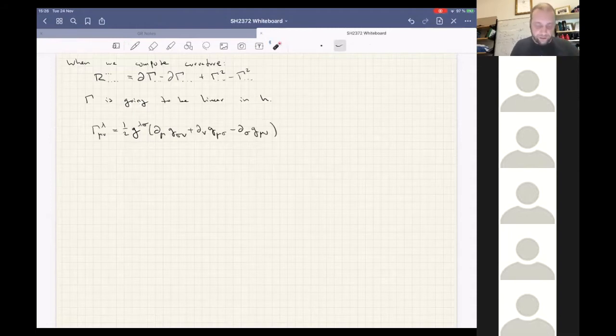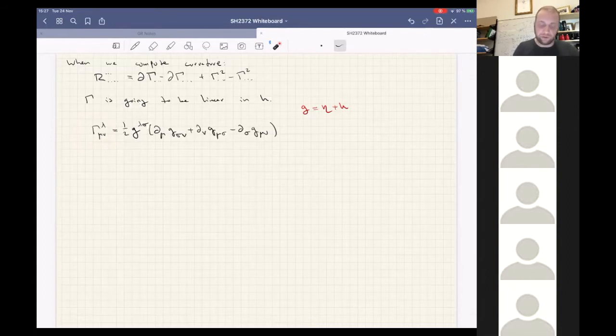So the point here is that if we look at these derivatives, and we remember now that g was equal to the Minkowski metric plus the perturbation, all of the components of the Minkowski metric are constants, which means that all of these derivatives are going to be linear in h. So that means that the Christoffel symbols are linear in h.